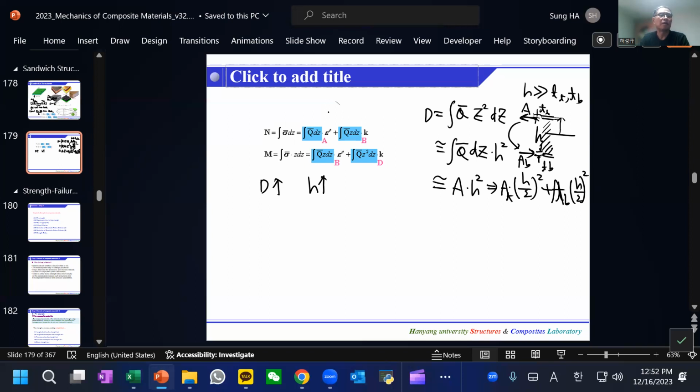So D can be very effectively increased by H. H means the core.